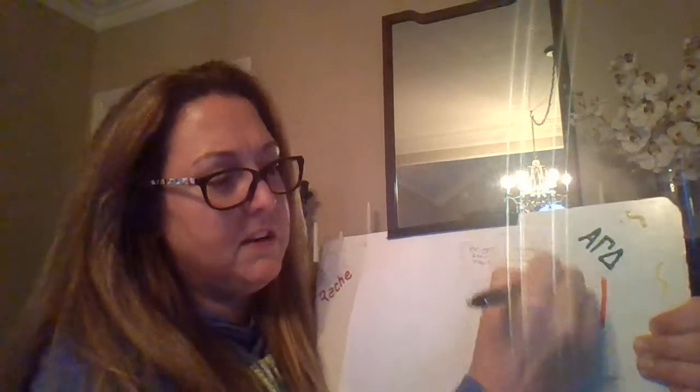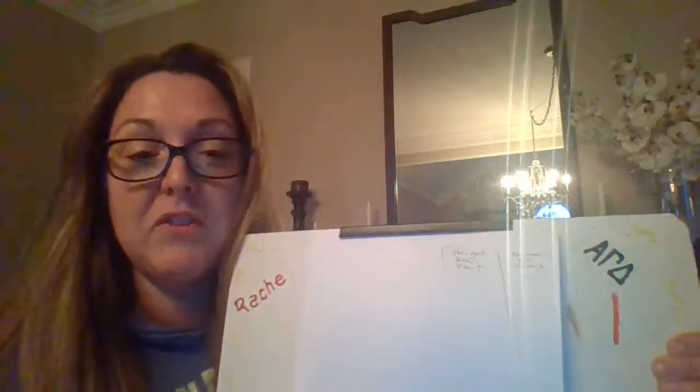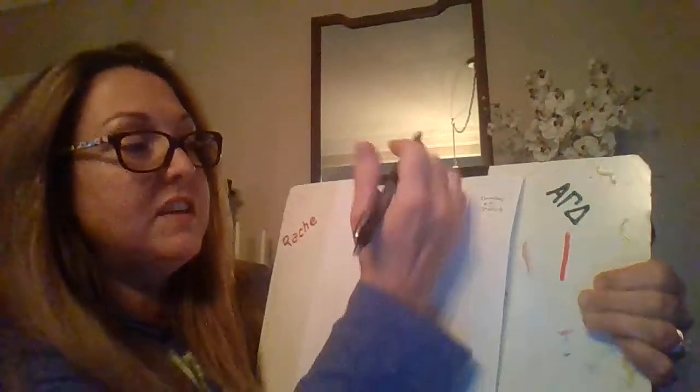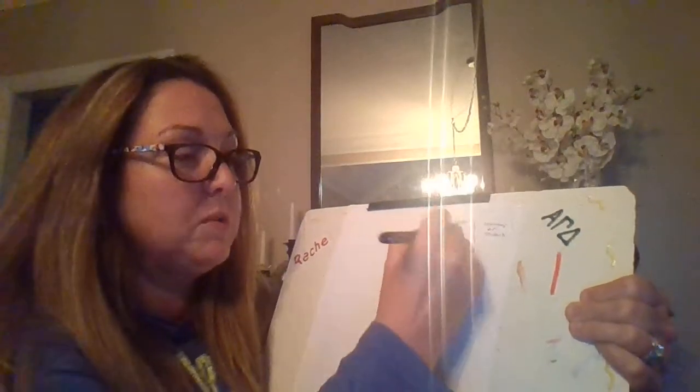Well, the scenario is that the students in Mr. Shields' science class are growing bean plants. So after 5 days, they measured the height. They each had a bean plant, and they each measured the height of their bean plant in centimeters. And so this tells you the height that the bean plants were and the number of students whose plants were that height. I'm going to grab something else to write with because my pen doesn't want to cooperate.